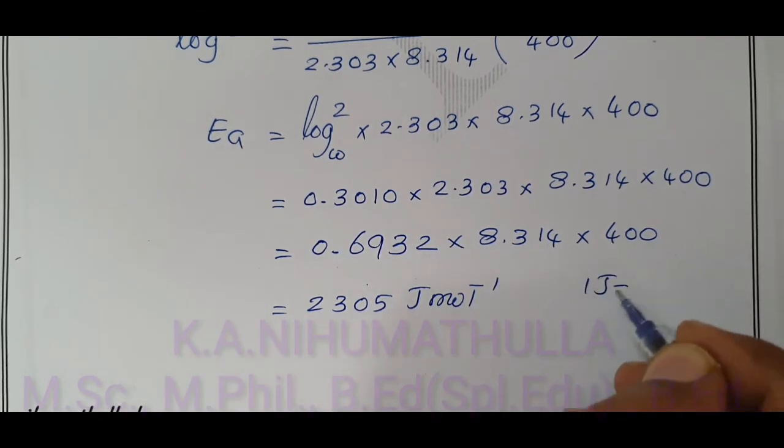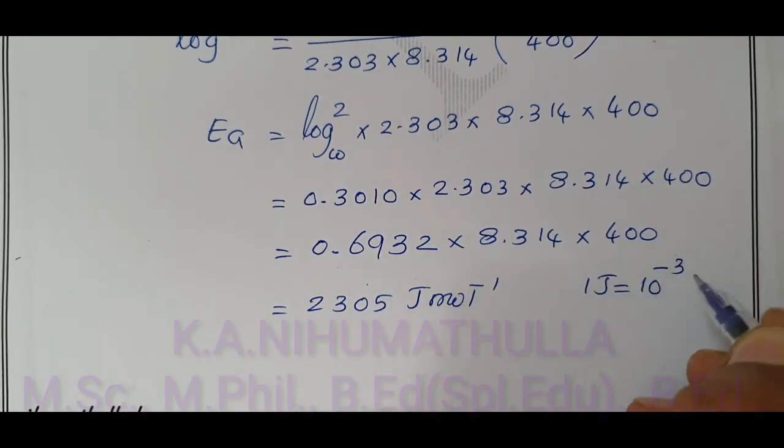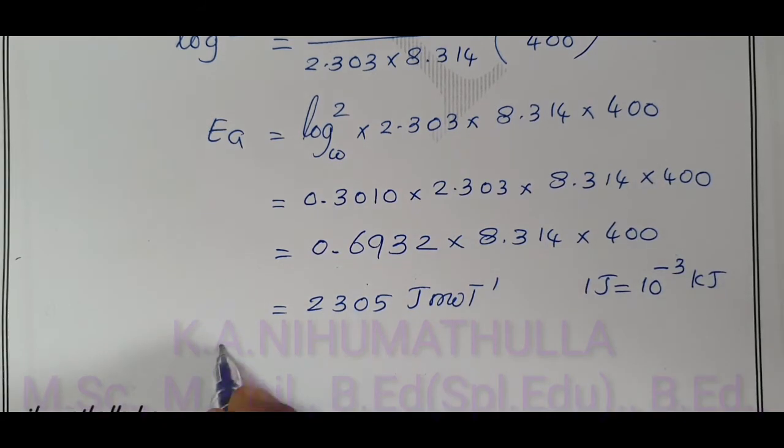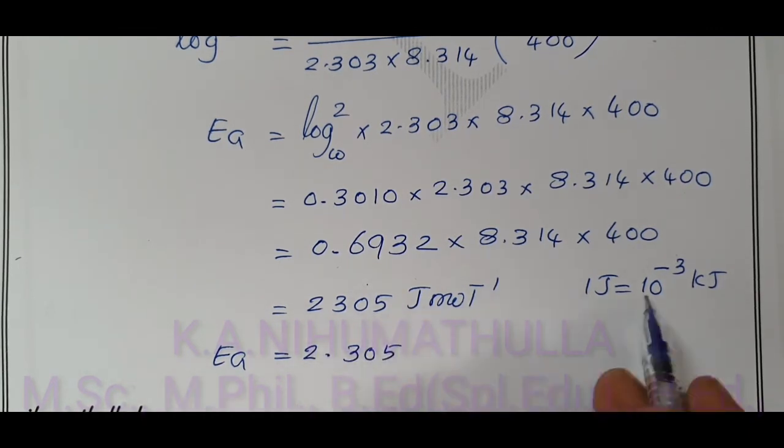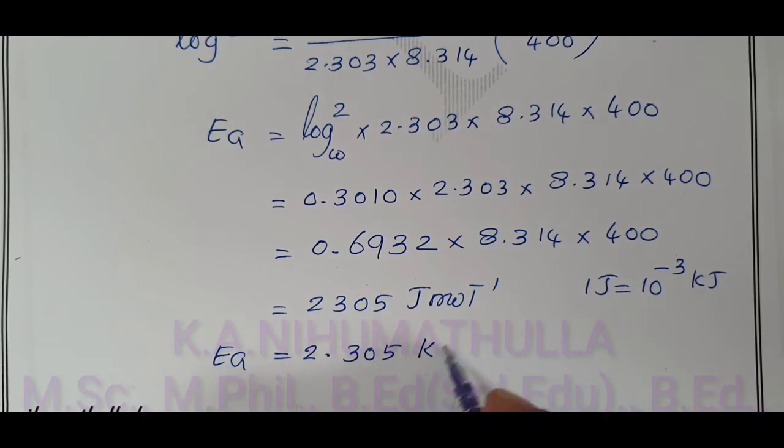We know 1 joule equals 10 power minus 3 kilojoule. Energy of activation Ea equals 2.305, multiplied by 10 power minus 3 kilojoule mole power minus 1. This is the energy of activation.